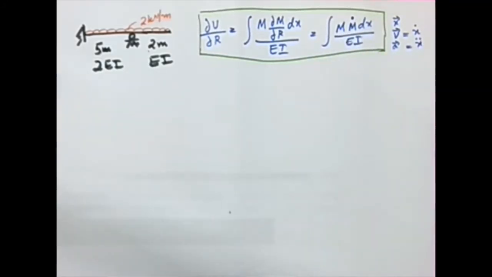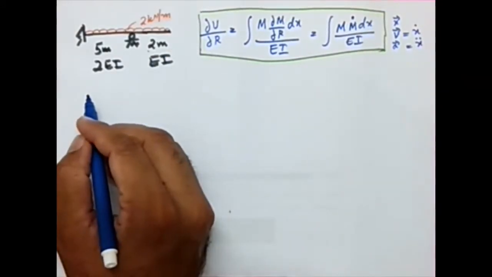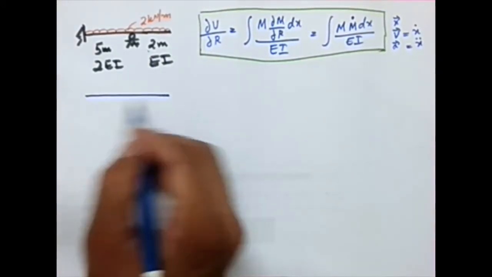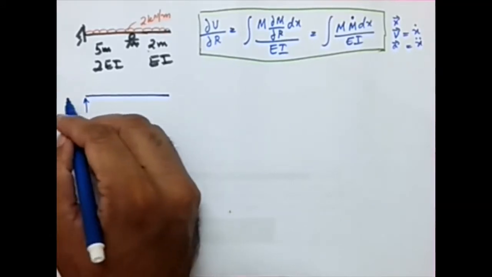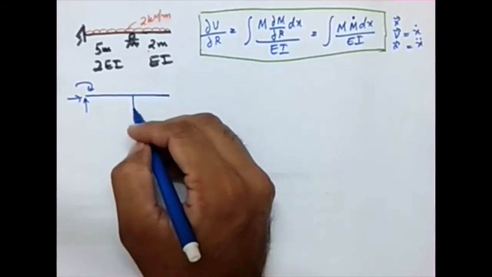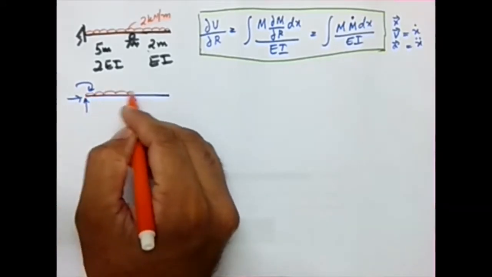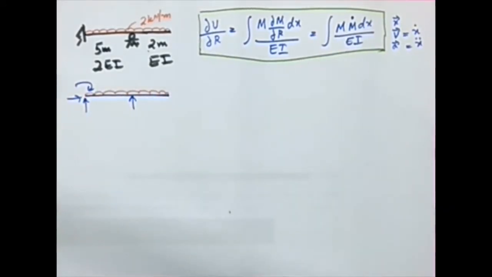So first thing, we are going to convert this into a beam of forces. What we have is the beam. A fixed support is going to have 3 reactions. This is a roller that will be having 1 reaction, and we have the load. Now we want to identify the redundant.